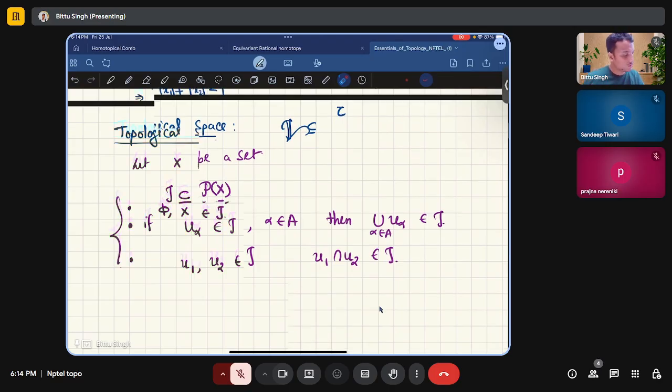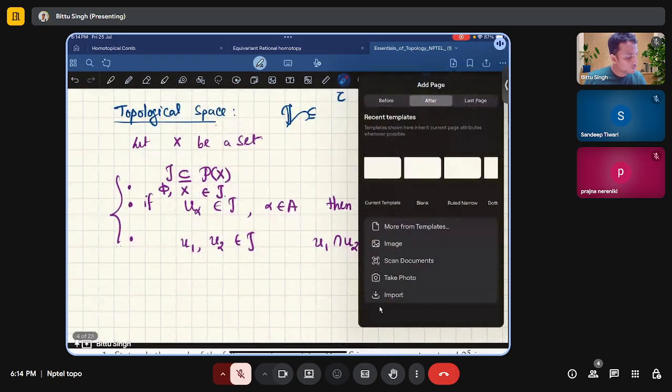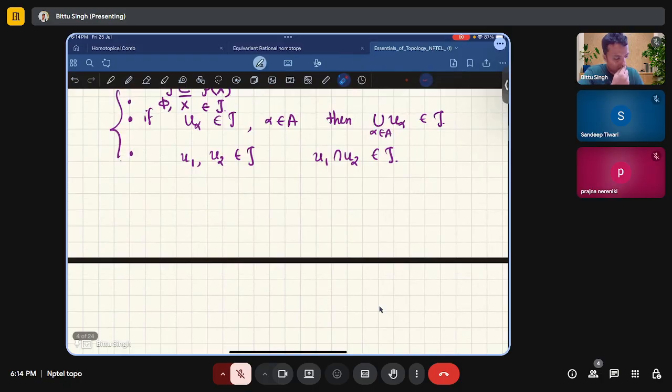So let me give some examples of topological spaces. Suppose X is the set {1, 2}, a subset of the natural numbers.